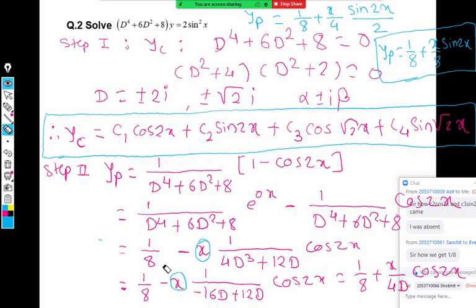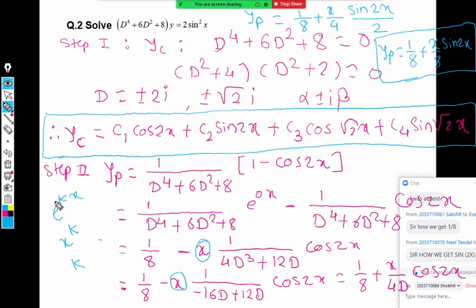Sir, how did you write e raised to 0x? 1 can be written as e raised to 0x. We have already learned in the last method that an exponential function can be in three forms: either e raised to kx form, or x raised to k form, or constant form.